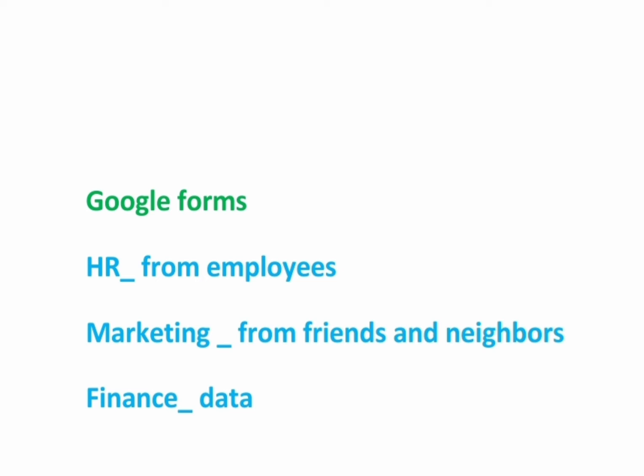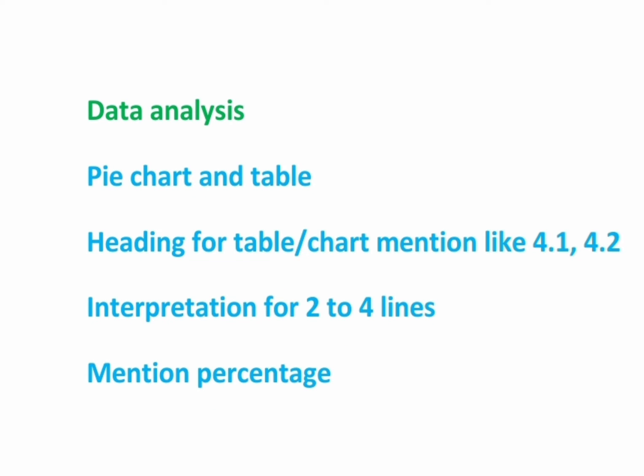After collecting all the data, you have to create the data analysis and interpretation. It is one of the major parts, presenting the data that you have collected, right? First, you have to mention the question in a shorter form as a title, and make sure you are not mentioning the first question, that is name. You should start from the second question, like age, gender, like that.